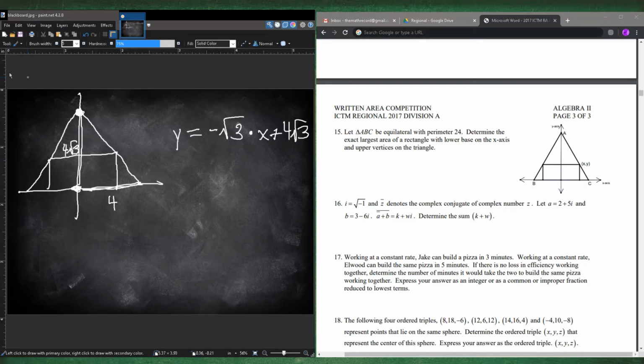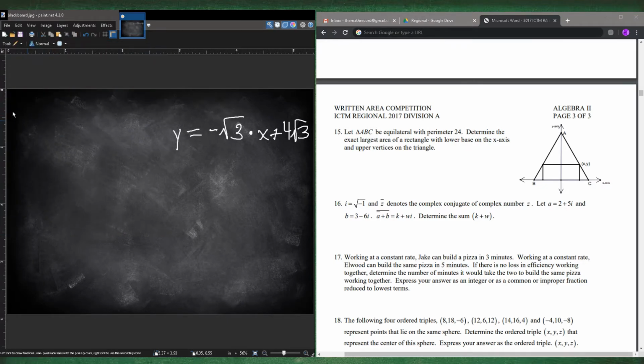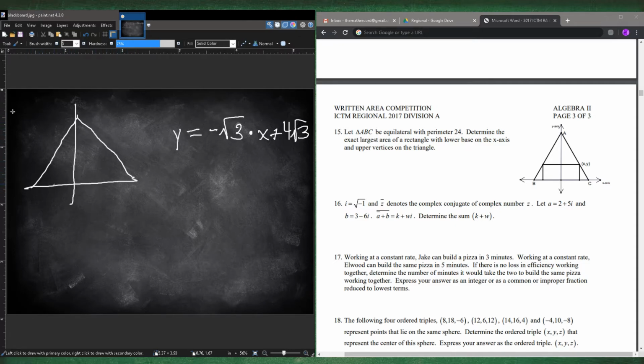Okay, so I'm going to delete this picture because it's kind of messy, and I'll redraw it. Okay, so we're trying to find this box over here. So if we have a coordinate right here, hypothetically, this coordinate has to follow this line, so it has to follow this equation.